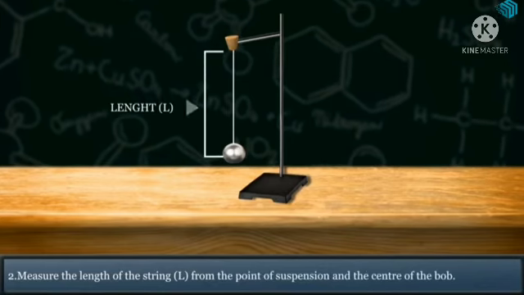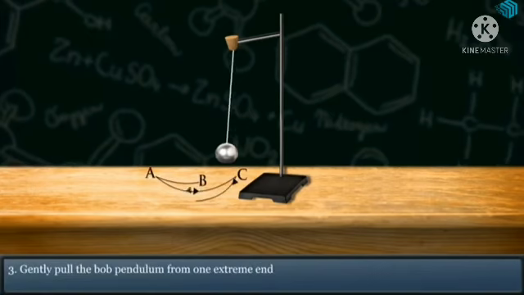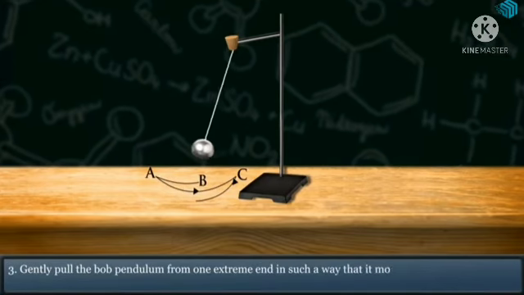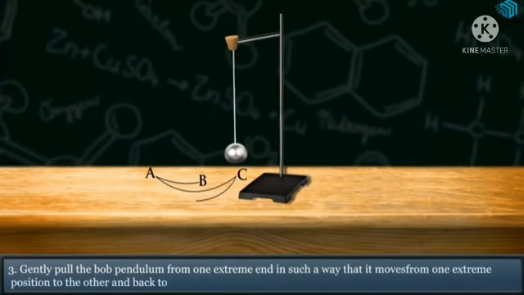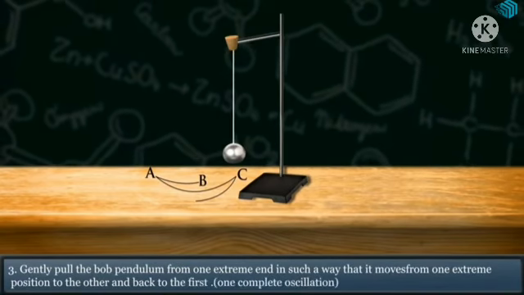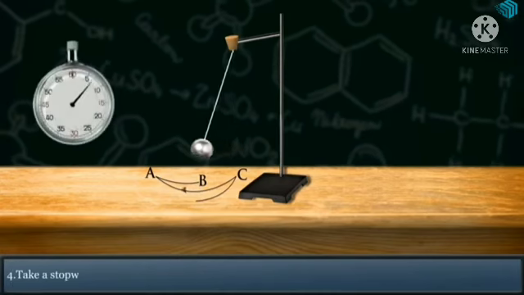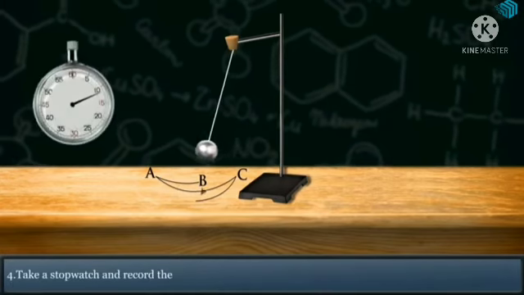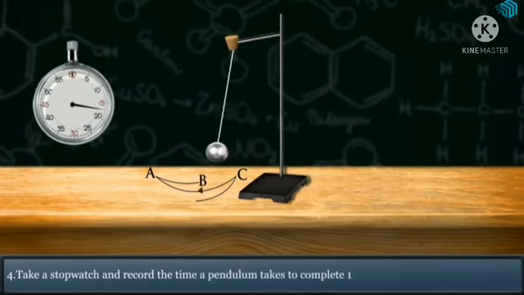Number 3. Gently pull the bob from one extreme end in such a way that it moves from one extreme position to the other and back to the first. Number 4. Take a stopwatch and record the time the pendulum takes to complete 10 oscillations.